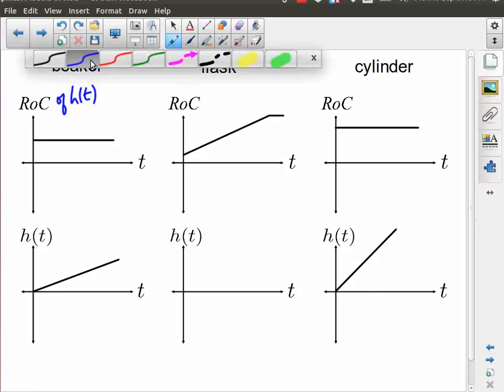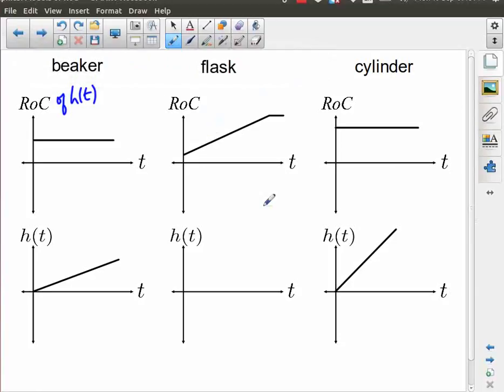And then finally, the flask, which is the most complicated of them, is actually going to start filling quite slowly, and then it's going to be filling faster and faster and faster, and then eventually it will form a straight line, and that's tough. This is very tough to freehand, I will admit. So let's see what I can do here. Okay, that's not bad.